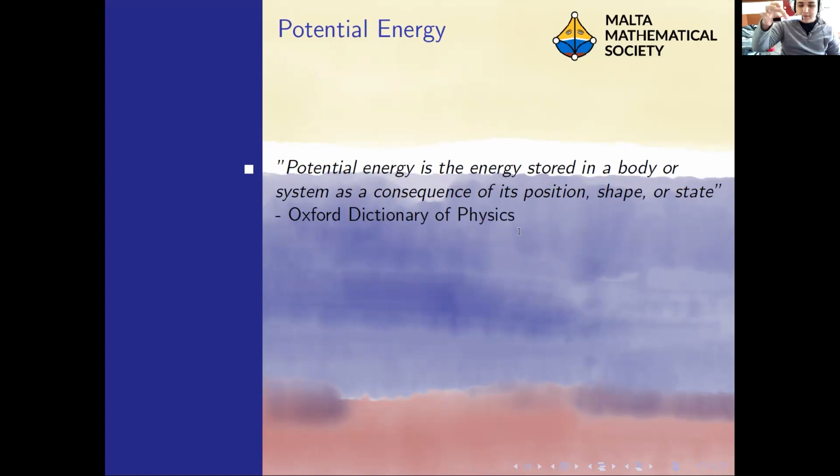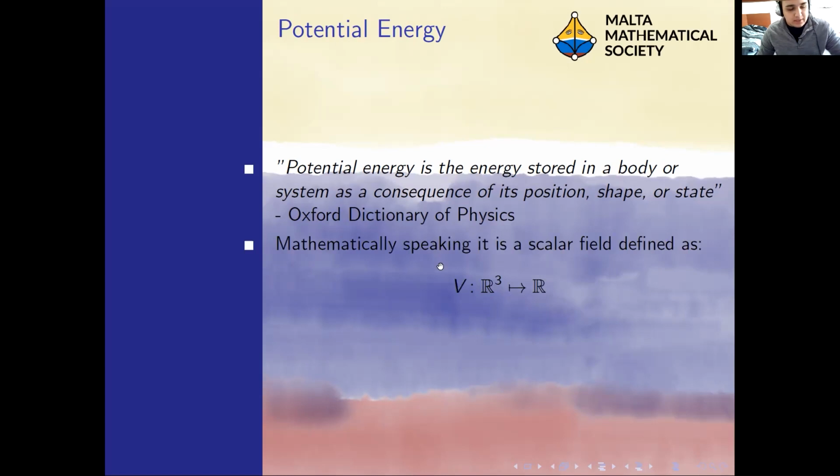So when I hold it up, it has the potential to have a certain amount of energy just before it hits my table here. Mathematically speaking, it's a scalar field. So it's basically a function that maps every point in space onto a real number.